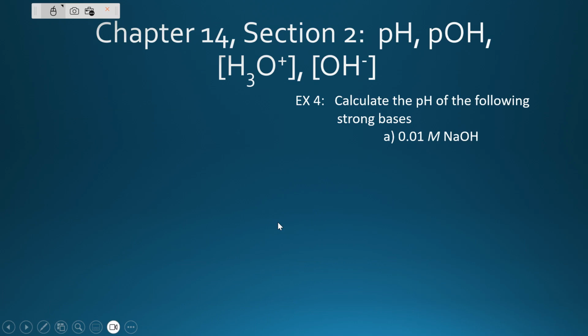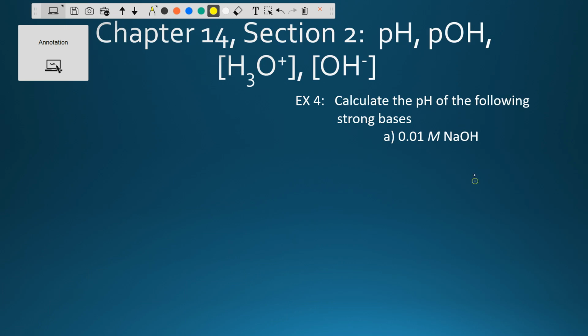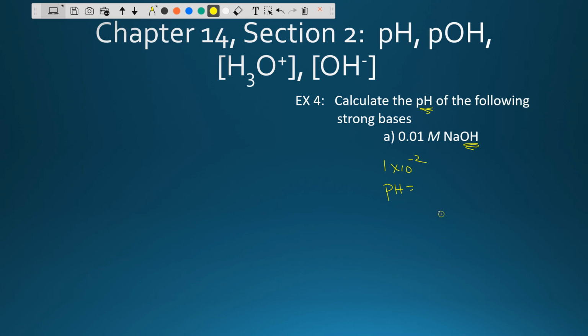Now here's where we're also going to be looking at the strong bases. Remember, this is what I meant before by saying watch your units. If I'm asking what the pH of this is, and I have 1 times 10 to the negative second, the negative log of that value gives me 2.